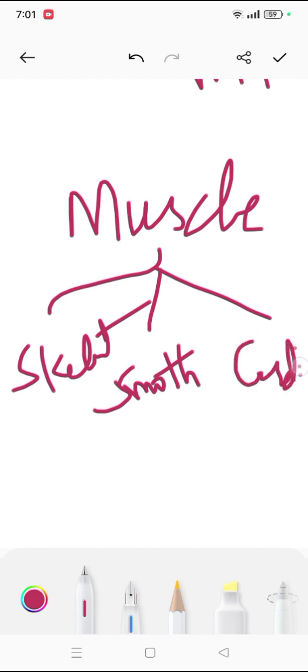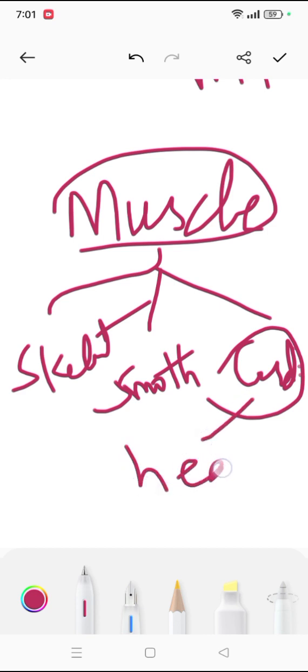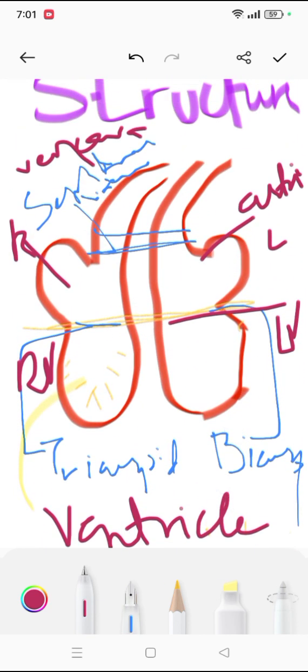The study of the heart is cardiac. Wherever you see the word cardiac, it means it's related to the heart. The cardiac cycle is the time duration of one complete cycle of atrial and ventricular systole and diastole. So this is the structure.